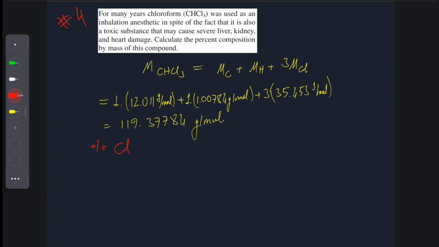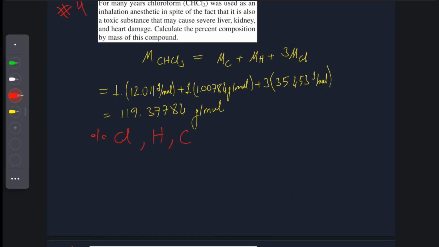chlorine, hydrogen and carbon. So how can we do that? It is very easy. Firstly, we know the total mass of chlorine in the whole molecule, so it is 3 times 35.453 gram per mole. By the way, this is 3.